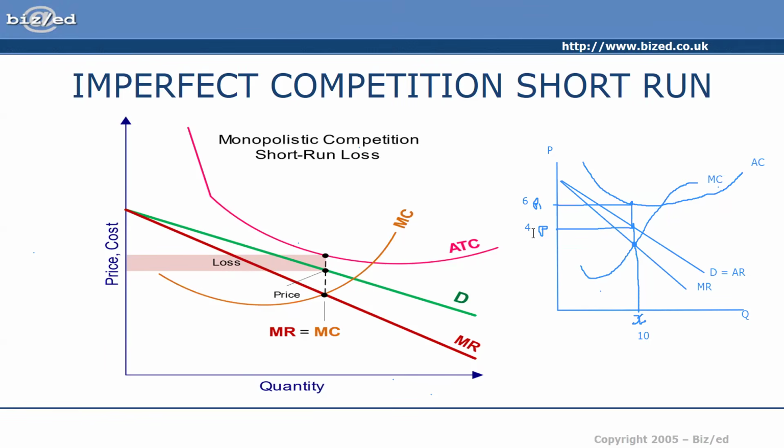My total revenue would be the $4, your average revenue, by the 10 units, which is $40. And then my total cost will be the $6 cost by the 10 units, which is $60, which means my loss is the revenue minus my cost, which gives me negative 20.